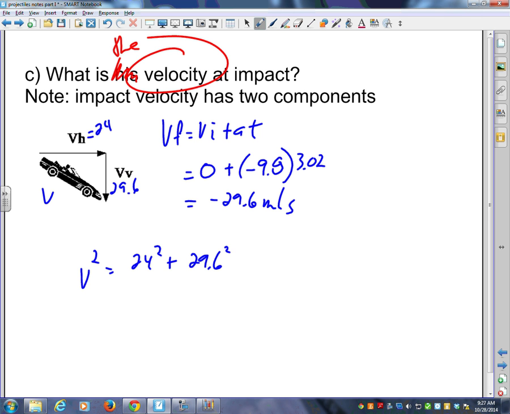Now, do I need to put a negative on that 29.6? No, because we're just finding the hypotenuse of a triangle now, right? It makes no difference. And if you do put a negative in your square, you're just going to get a positive anyways.